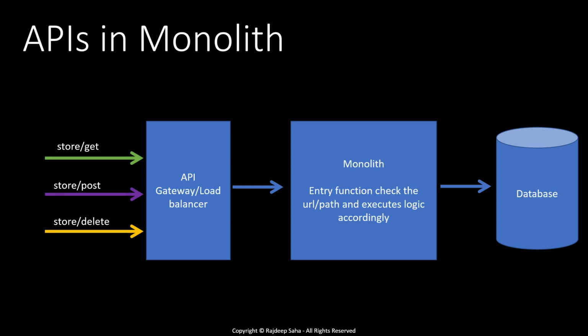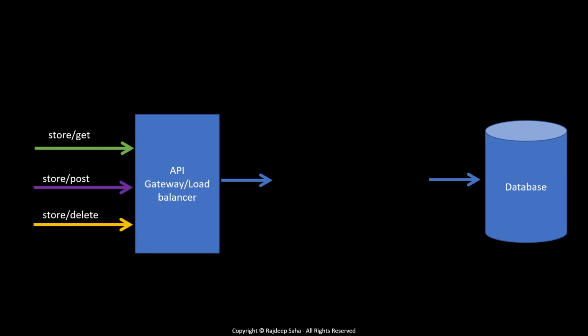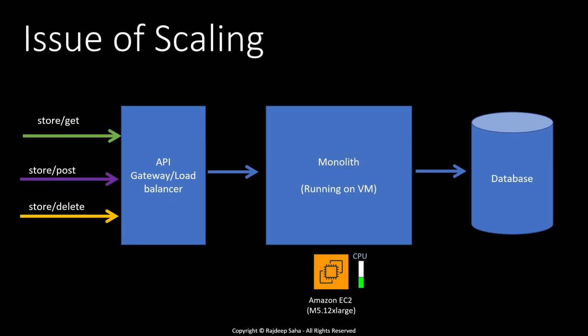Now let's talk about the scaling of monolith. Let's say our monolith is running on a virtual machine. Since you are running this huge program as one executable, you need a sizable EC2 instance. In this example, this EC2 is an M5.12xlarge, and we have three different traffic patterns coming in for store/get, store/post, and store/delete.